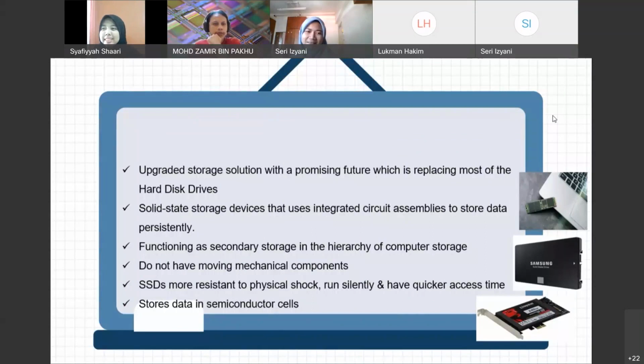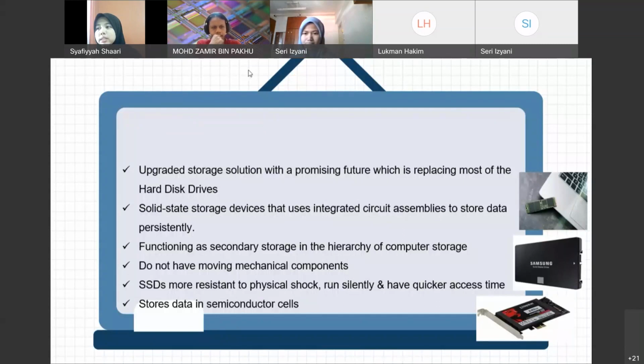Okay, continue. Before I go deeper in this presentation, let me give you an idea about our topic for today. Let's say when you want to store data on your computer, you have two reasonable options. You can go with old but cheap HDD, or faster but more expensive, called SSD. So today's presentation will focus on SSD and discuss differences between SSD and HDD.